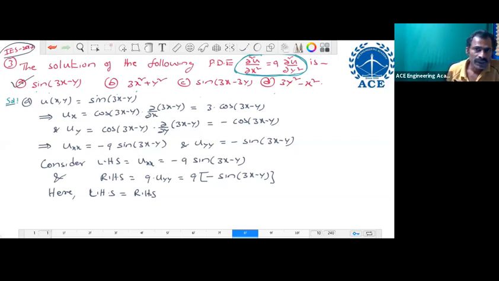Okay, let us go to the next. In the solution of partial differential equations, the linear homogeneous part is completed. Next we go to the non-linear only, that is first order non-linear.